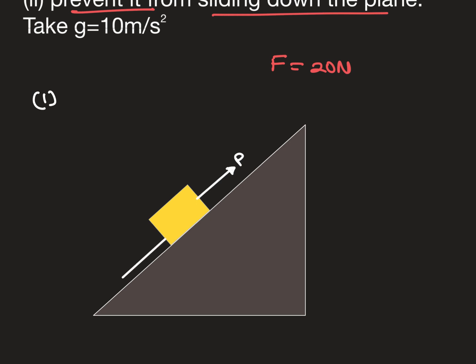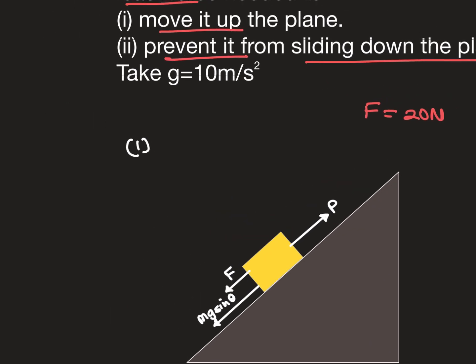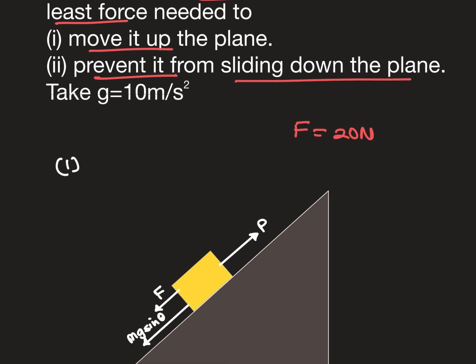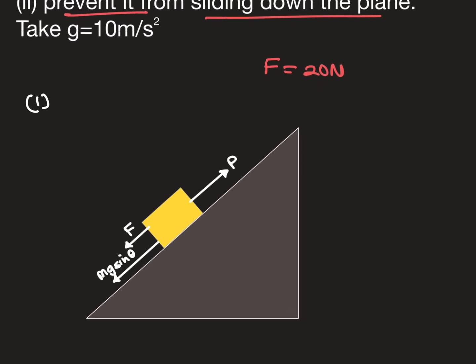One of them is always acting downwards, which is mg sine theta. And the other one is the frictional force that will act downwards because the body is to move up the plane. The mass is 12 kilograms. And if we should indicate the remaining forces, we have the normal reaction R and we have the weight. Remember, it is inclined at 30 degrees to the horizontal.